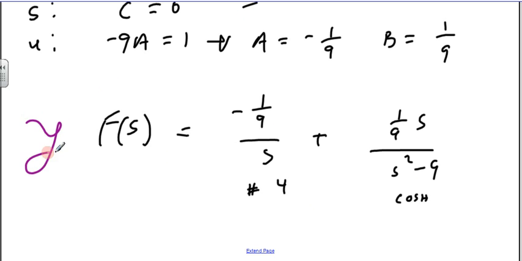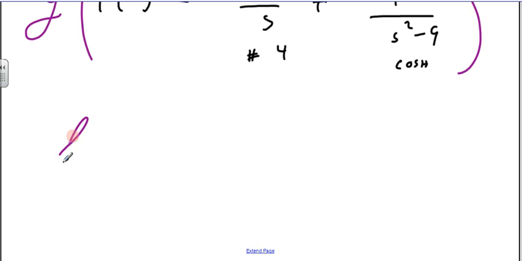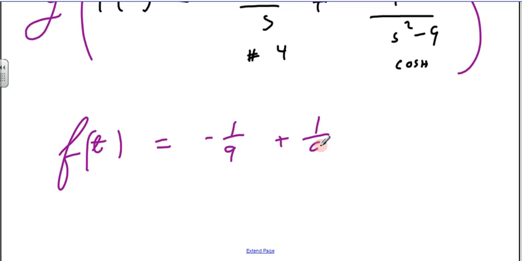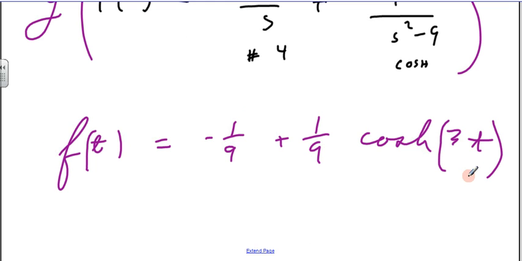I take the inverse Laplace transform of everything I see, and I see that f of t is equal to minus 1 over 9 plus 1 over 9 hyperbolic cosine of 3t. And this guy checks with the back of the book. And we're done with section 7.2.